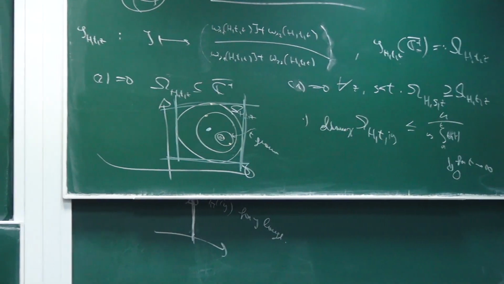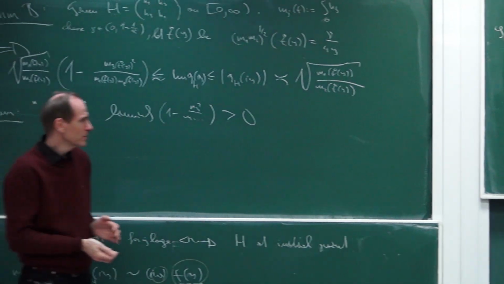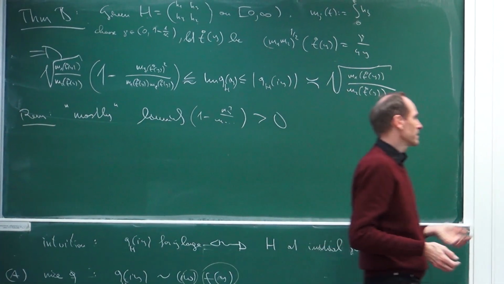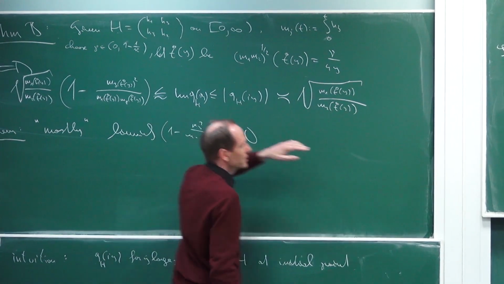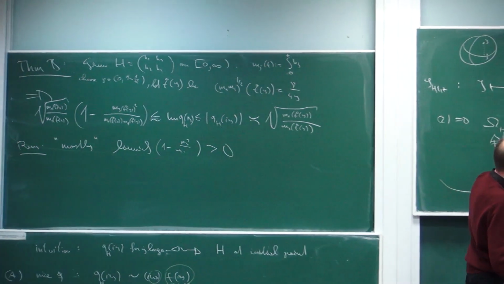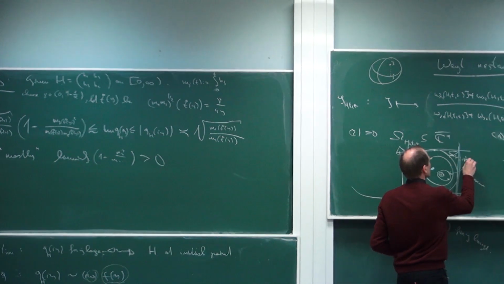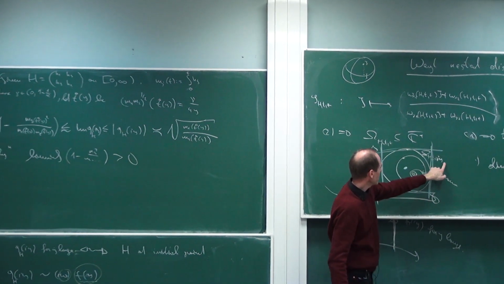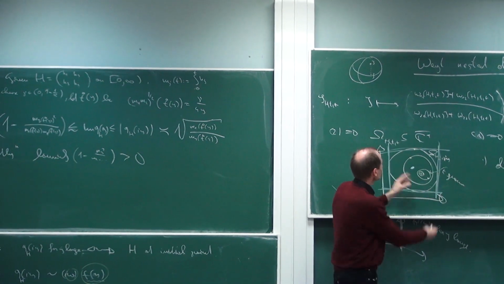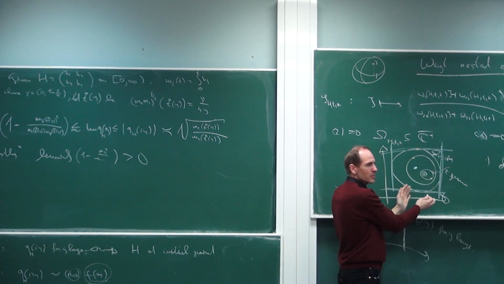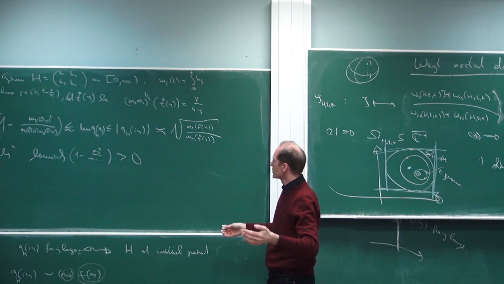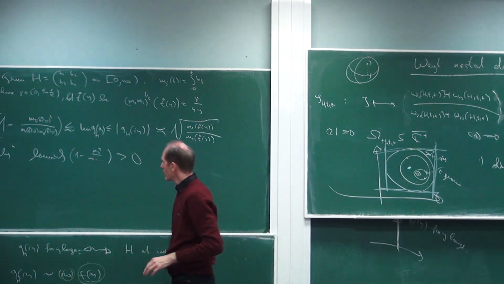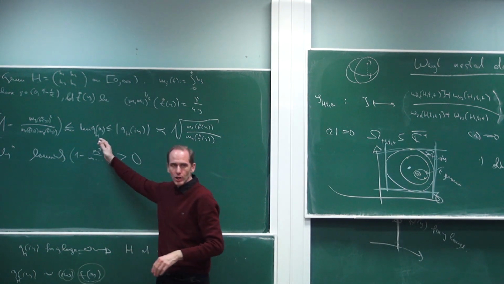The idea is just to balance y and t so that this geometric estimate gives you a meaningful thing. That's the idea of the proof, and it leads to that, which is mostly sharp.